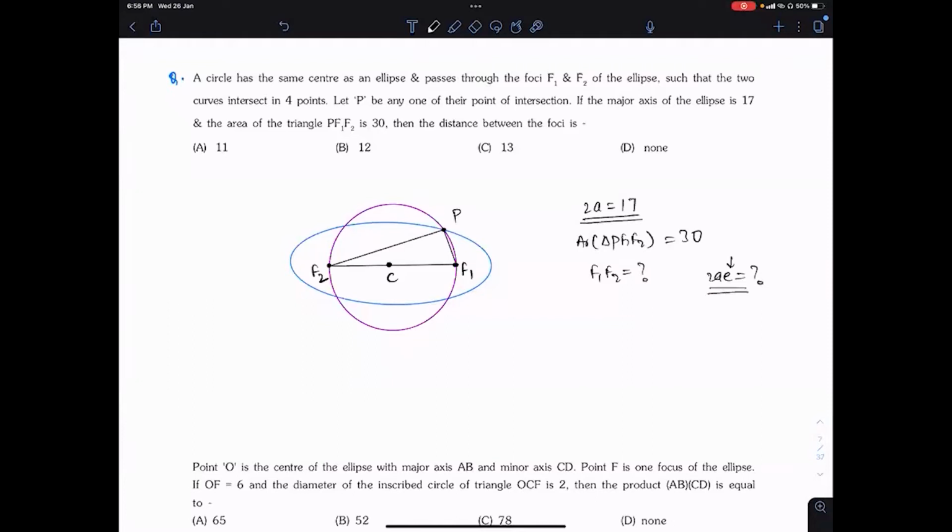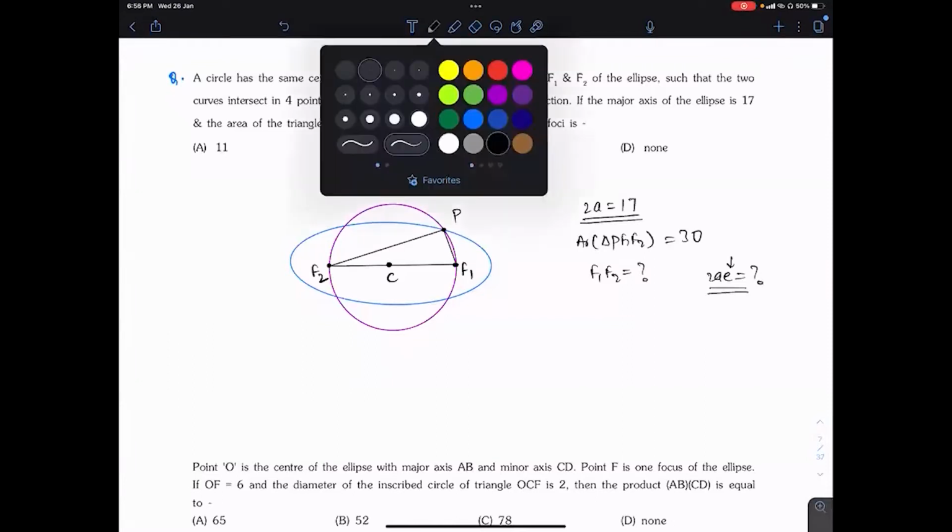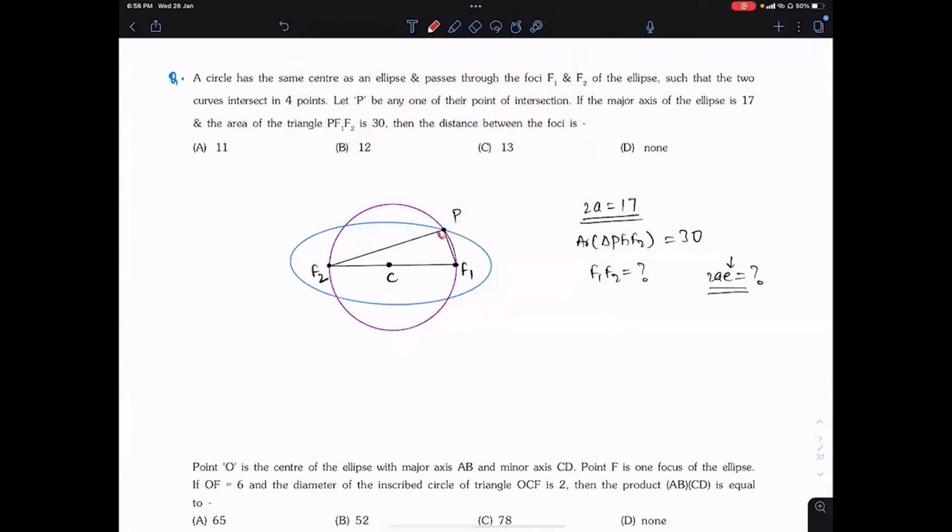Okay. Fine. See here, first point. F1F2 is the diameter of the circle. By symmetry, you can say that is the diameter. So can I say that this angle here will be 90. And also PF1 plus PF2 will be equal to 2A, which is 17.